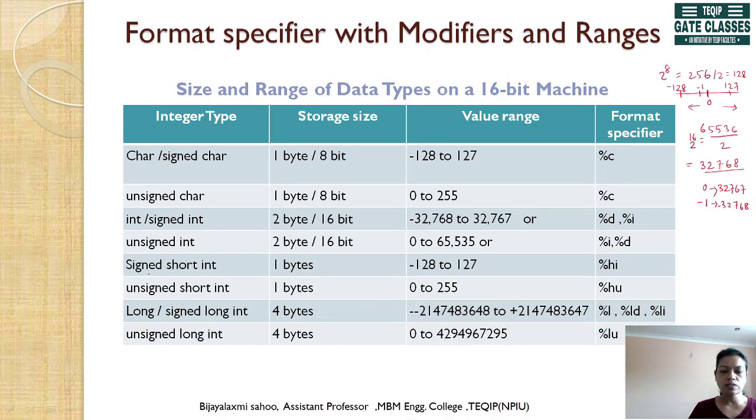Then coming to short integer, as I told you, whenever we use a modifier, here we are using two modifiers, signed along with short. These are signed and short, these are keywords. So integer is also a keyword.